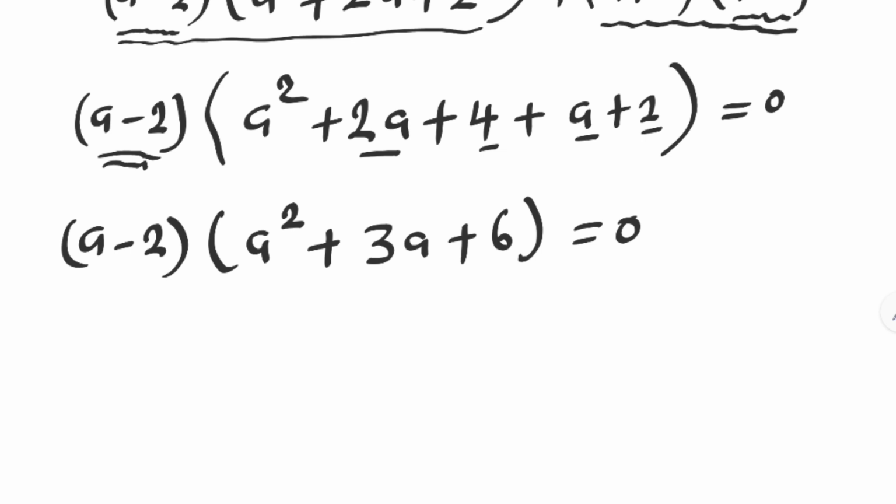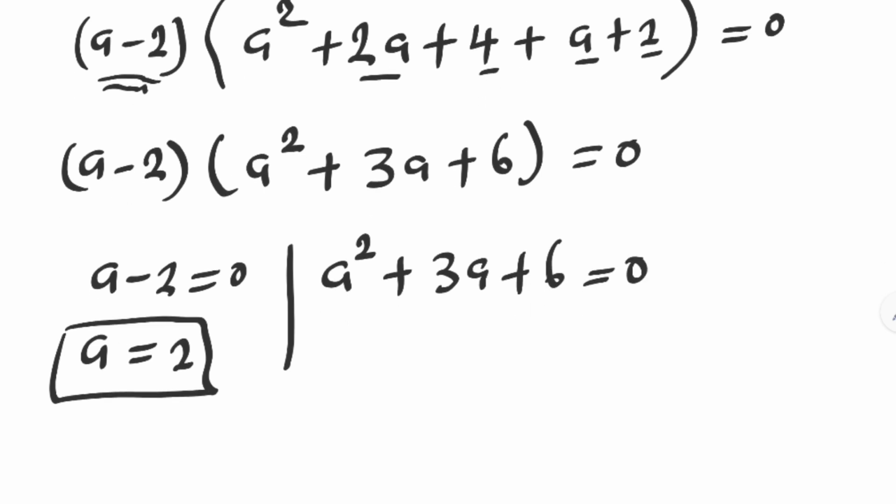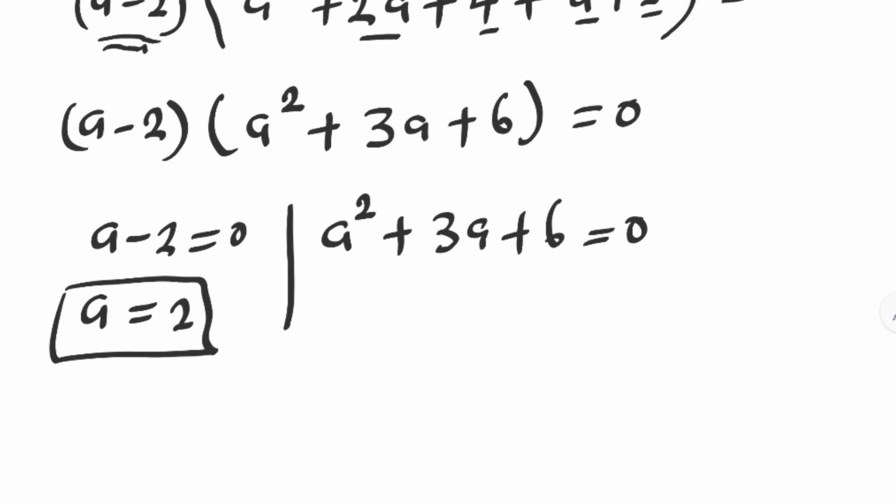The first case is a minus 2 is equal to 0. a is equal to 2. This is the first value of a. And the second case is a square plus 3a plus 6 is equal to 0. But here, we can only solve this using quadratic general formula.